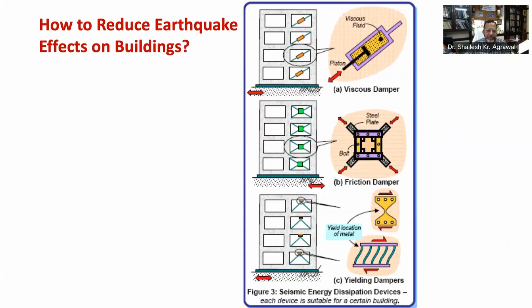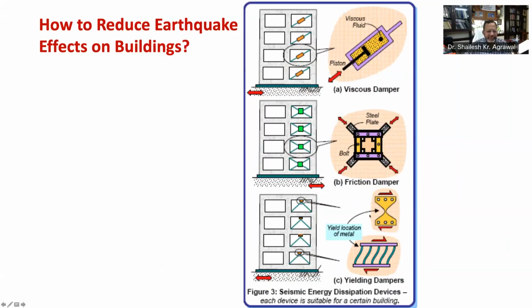Similarly, in the buildings, when seismic energy is transferred through dampers, these dampers absorb part of it and thus damp the motion of building. Commonly used types of dampers include viscous dampers as shown in this figure 3a. Here, energy is absorbed by silicon-based viscous fluid passing between a piston cylinder arrangement. Figure 3b shows you friction dampers where energy is absorbed by surfaces with friction between them rubbing against each other.